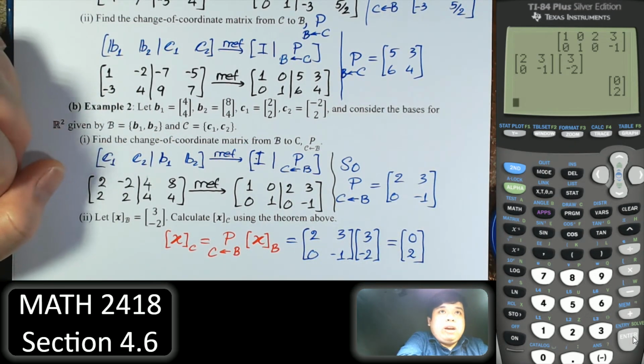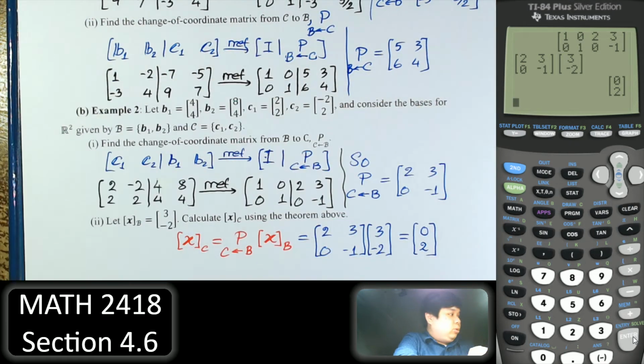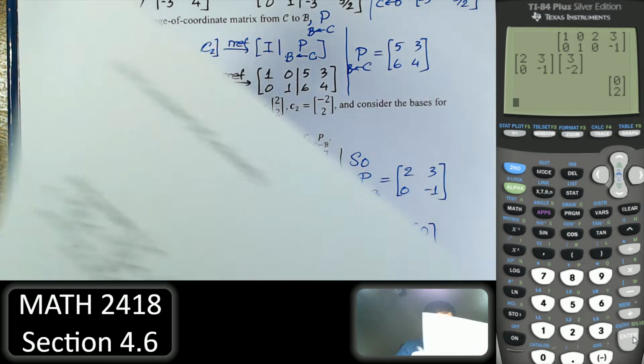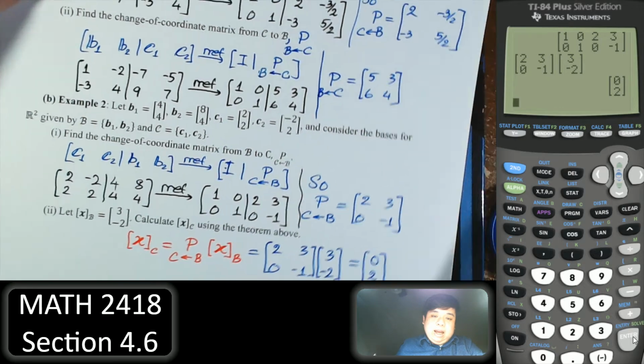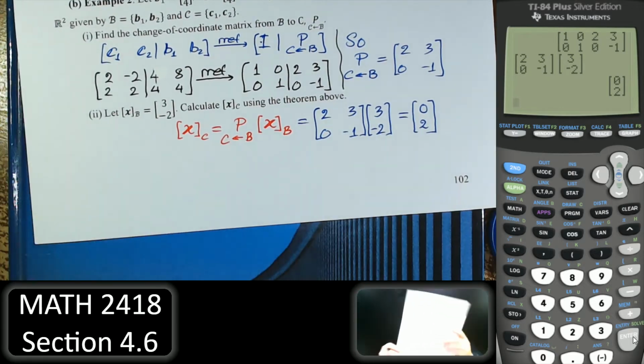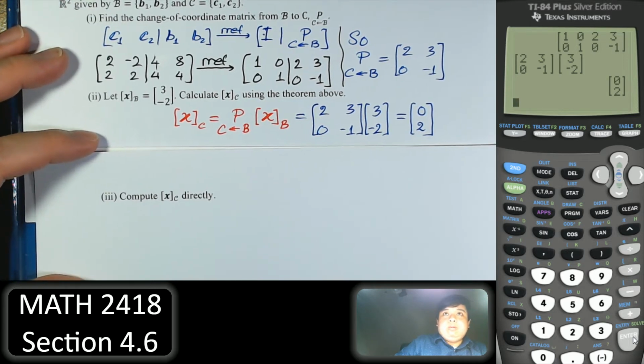Right, so that's what we have. So the point x in C coordinates is going to be 0 and 2. So when we find the matrix, we do that directly. Now, can we find x in C directly? Well, that's simple enough.